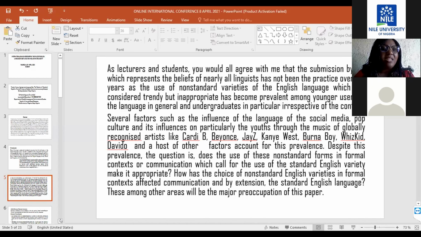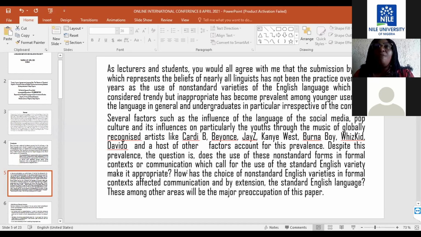So basically, this paper is going to focus on finding out if the fact that these usages are prevalent or trendy makes them acceptable or appropriate.